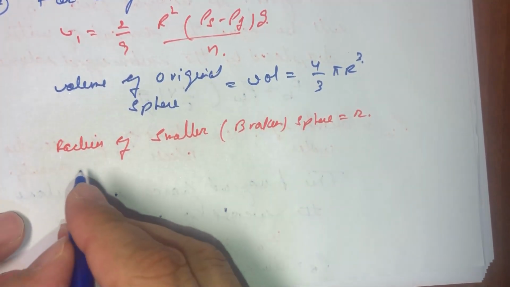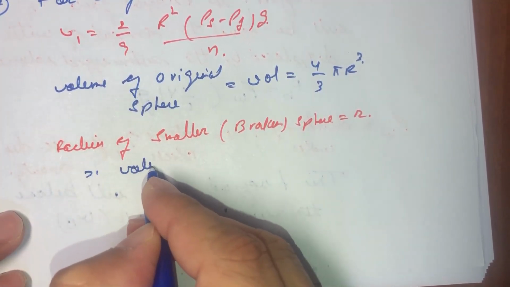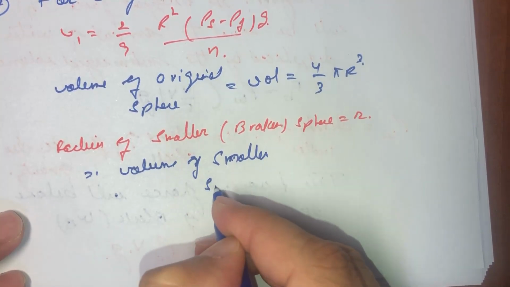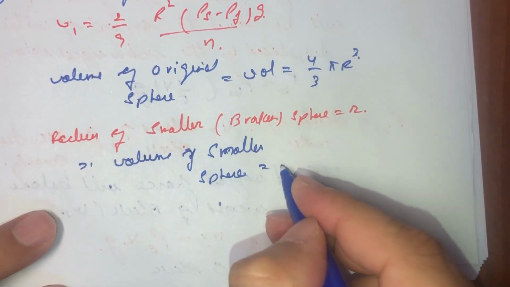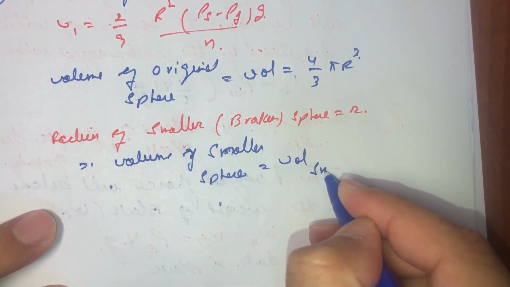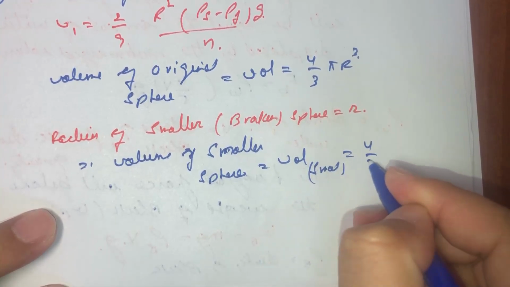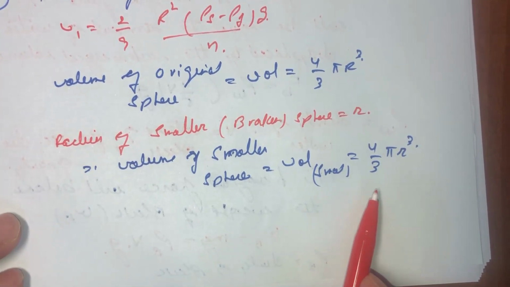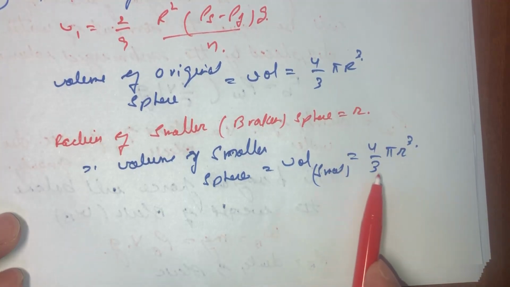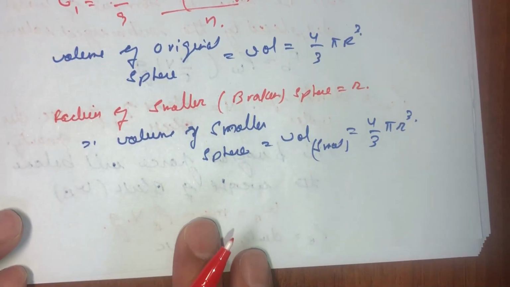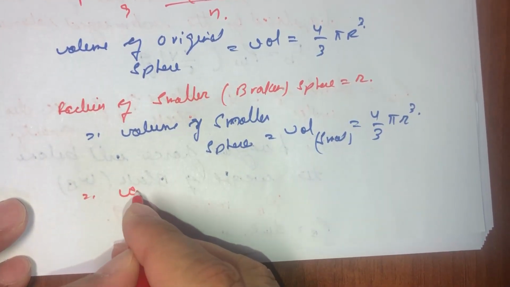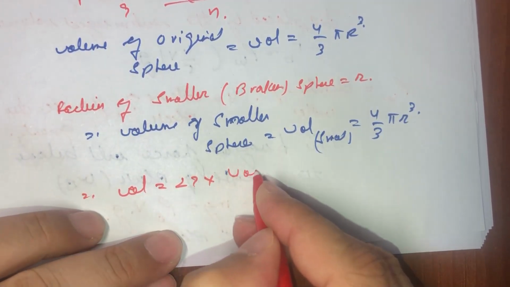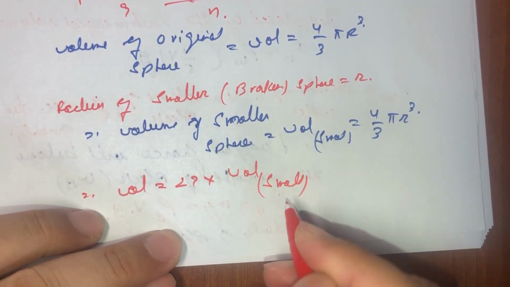So the volume of the smaller spheres, let us call it V small, will be equal to 4 by 3 pi r cube. There are 27 smaller spheres, so we multiply this by 27 and it will be equal to the original sphere. So volume will be equal to 27 multiplied by the volume of the smaller sphere.